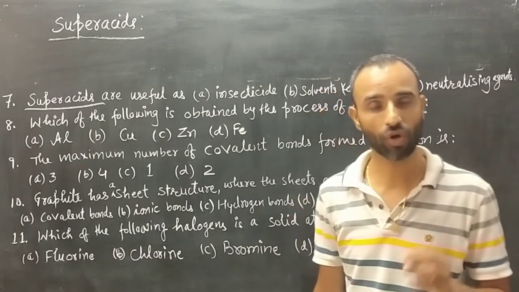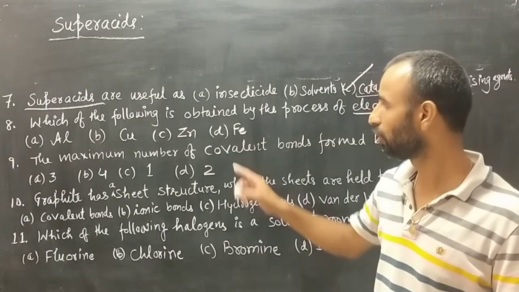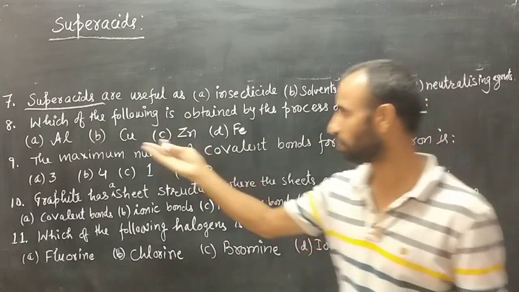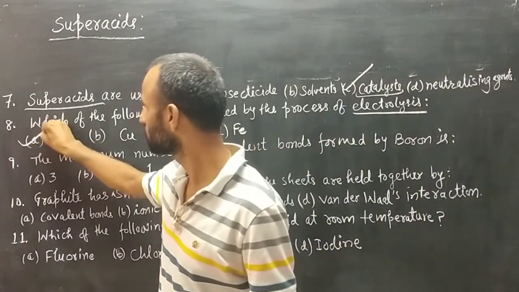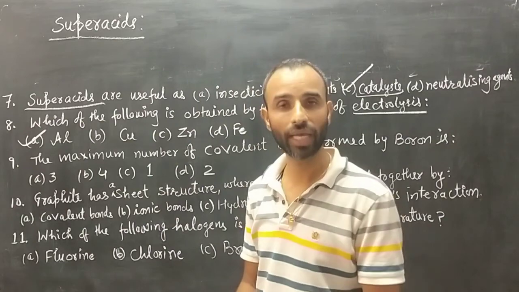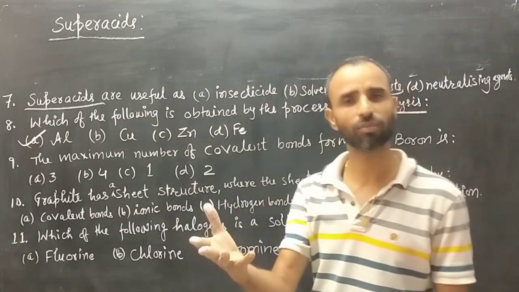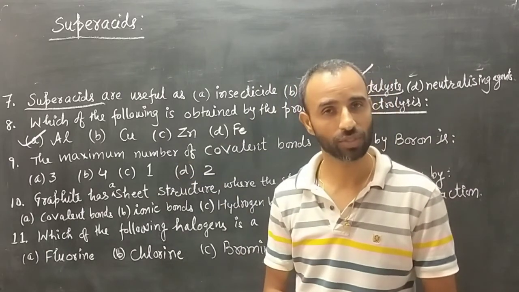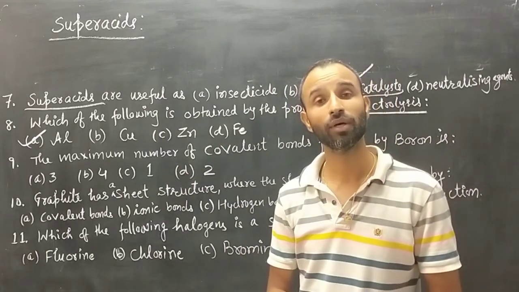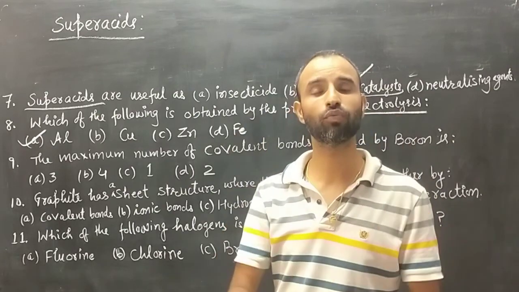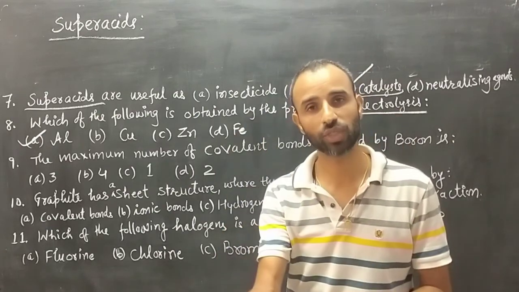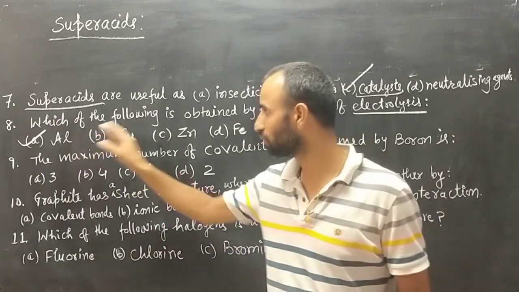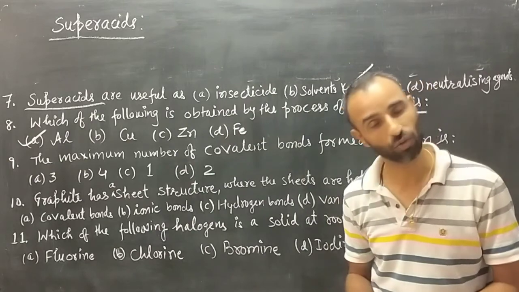Which one is the strongest reducing agent? Obviously aluminium. Aluminium, sodium, magnesium, the alkali metals, alkaline earth metals and aluminium are obtained by the process of electrolysis, right? Because it is difficult to find a stronger reducing agent than these metals. That's why they are obtained by electrolysis.